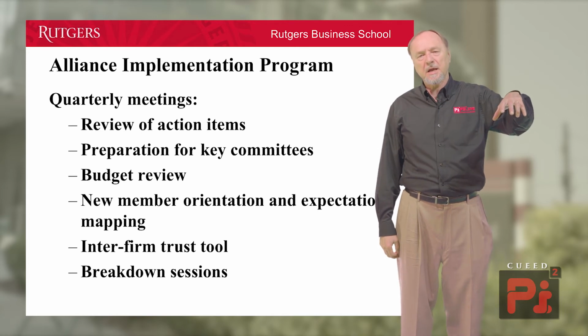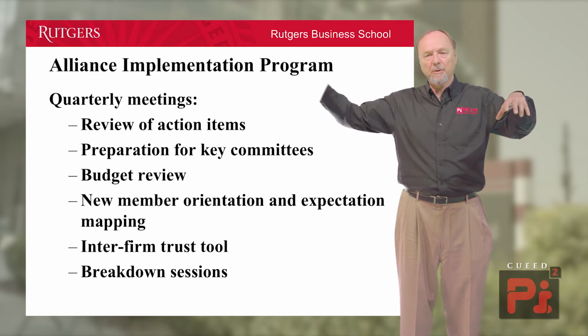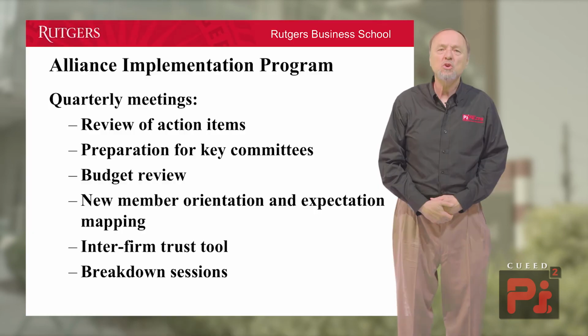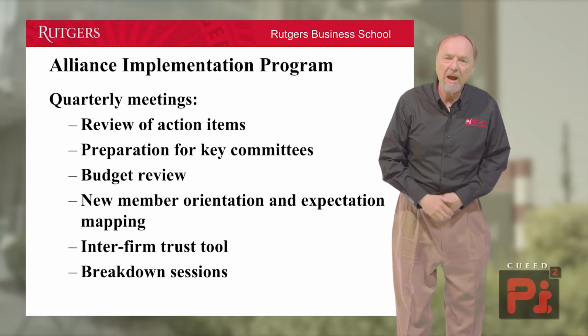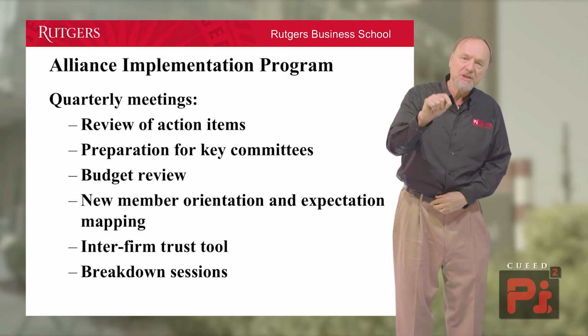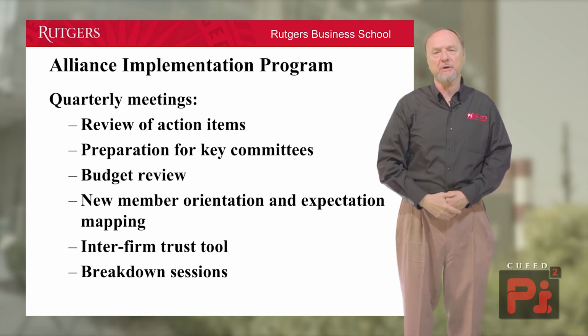What is a breakdown session? Key members of Company A's team sit down with key members of Company B's team, and they predict what are the likely issues that will cause friction between us during the next quarter. You will be amazed at how accurately they are able to predict management issues that are likely to cause friction.